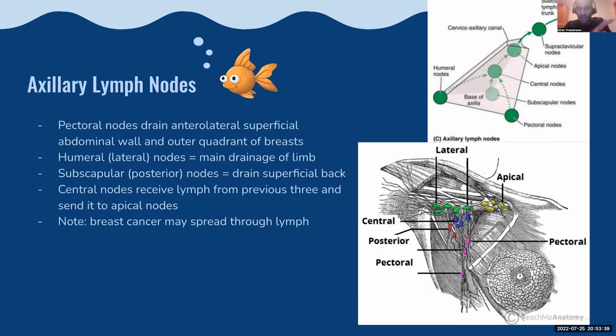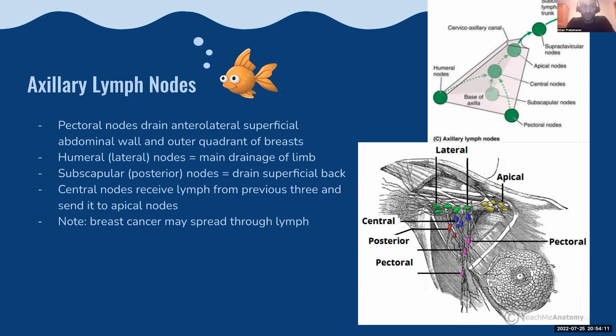And there's probably 5 main groups of lymph nodes that you need to think about. Pectoral nodes, which lie anteriorly. Again, this is actually the shape of the sort of axilla, right? So you have your pectoral lymph nodes, which drain your anterolateral superficial abdominal wall and the outer quadrant of your breasts. So it's really like their position in this pyramid matches where they drain, right? So pectoral nodes, think where your pecs are, they drain around that area.